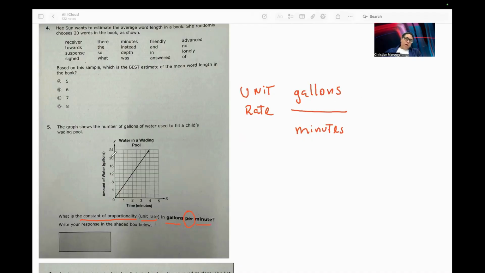Take a look at the graph, and the gallons is this one right here, the numbers located on the y-axis, right? And the time is for the minutes. So it's pretty much like y over x. Gallons over minutes is y over x.